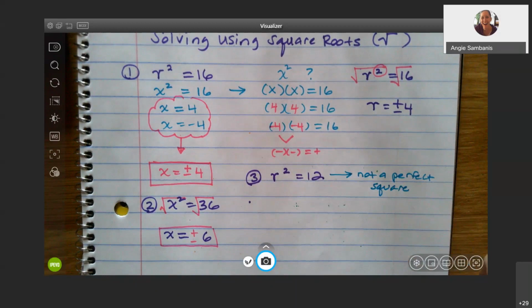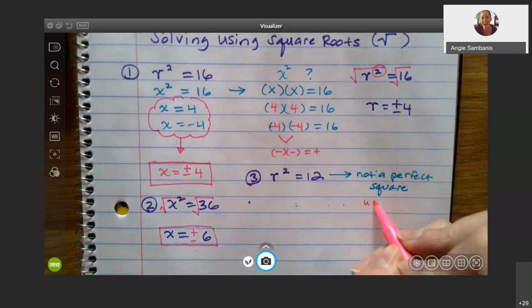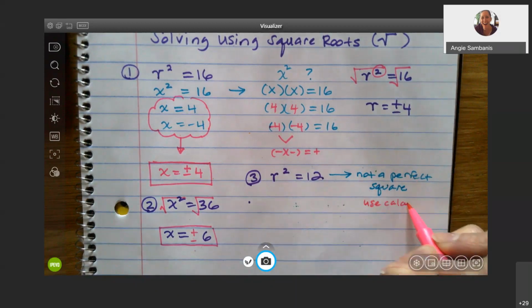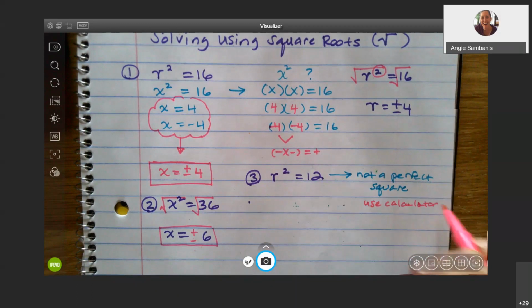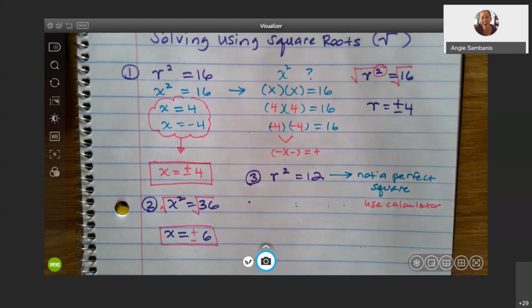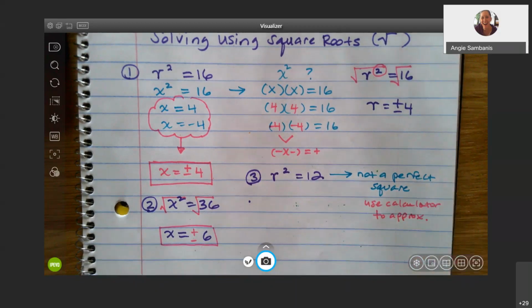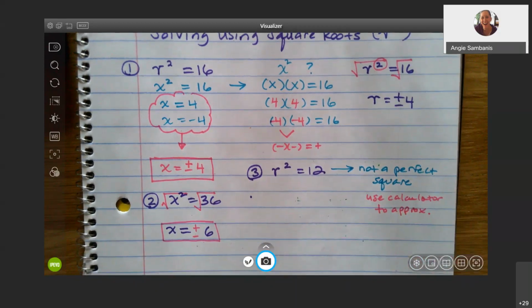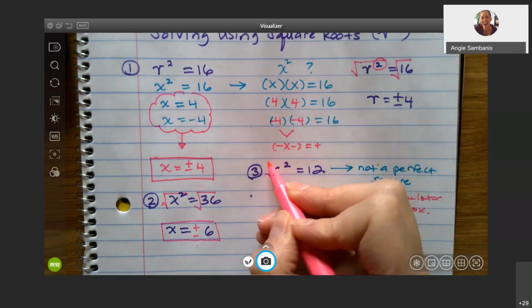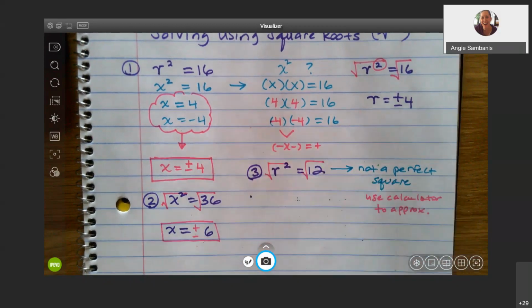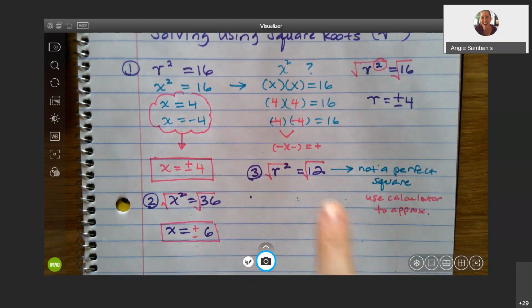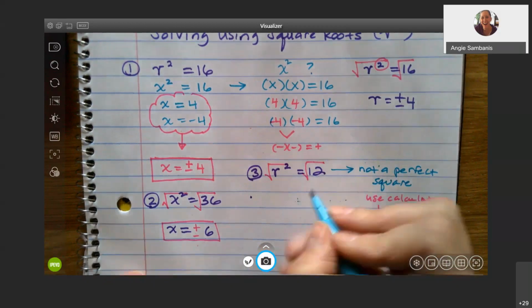So we can use our calculator to approximate. And you don't have to write down everything I'm writing. I just do that as a visual. It's my habit. So we can go ahead and take the square root. And because we're using the calculator, because it's not a perfect square, we're going to write approximately.